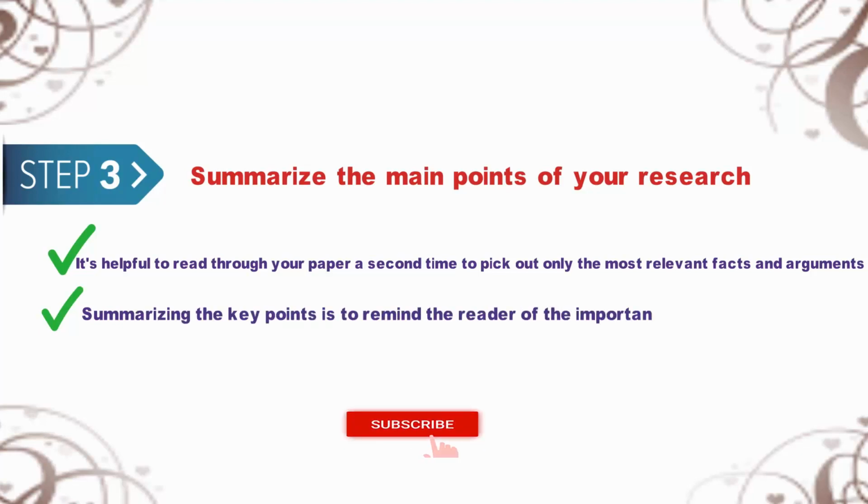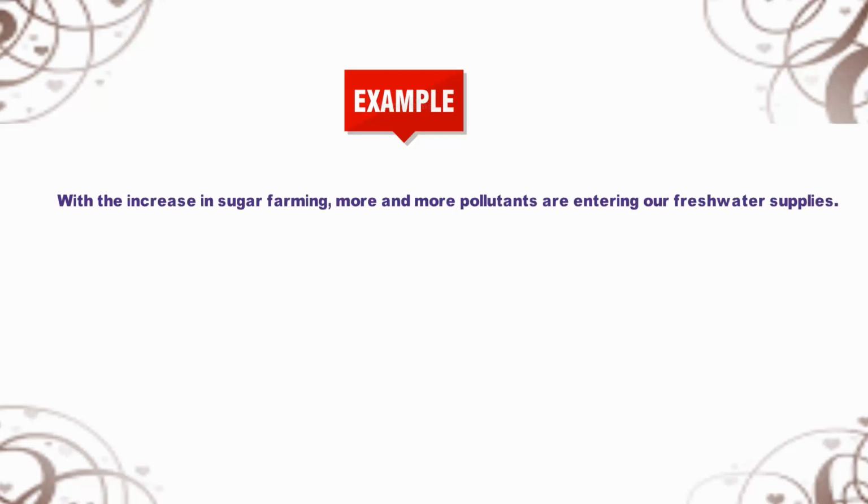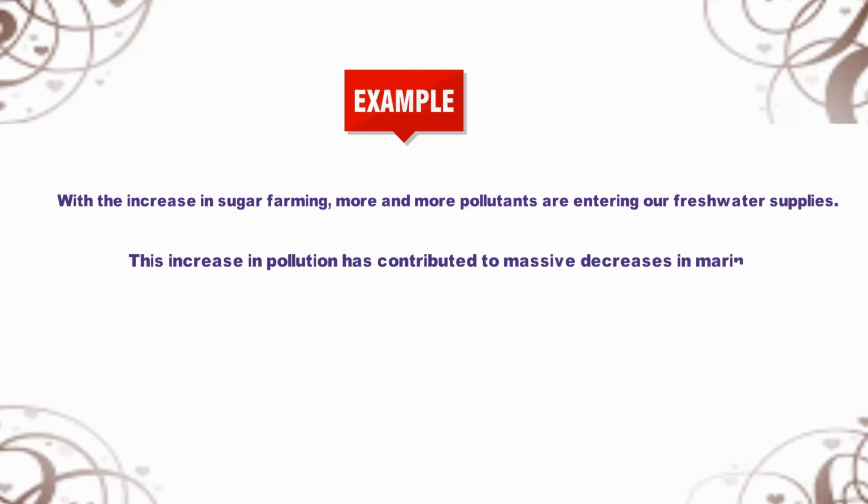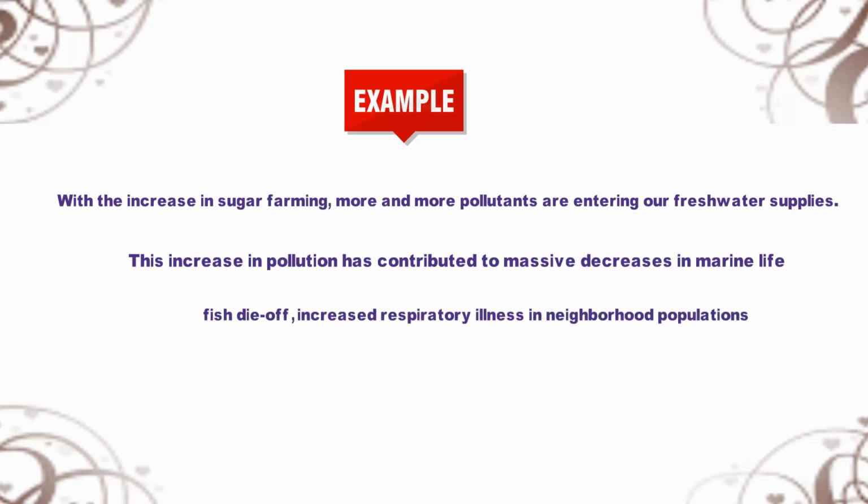The purpose of summarizing the key points is to remind the reader of the importance of the research topic. For example, "With the increase in sugar farming, more and more pollutants are entering our freshwater supplies. This increase in pollution has contributed to massive decreases in marine life, fish die-off, increased respiratory illness in neighborhood populations, and has contributed to the shortage of clean drinking water."